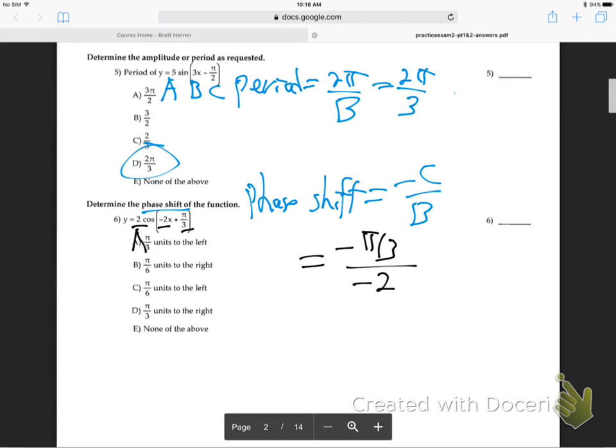So the two negatives make a positive. Pi over 3 times 1 over 2 equals pi over 6. Oh, it's positive. Yeah, C. Oh, I didn't notice. Oh, that's tricky. To the right.